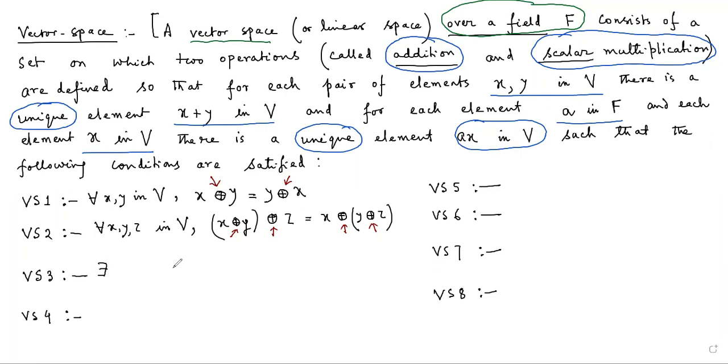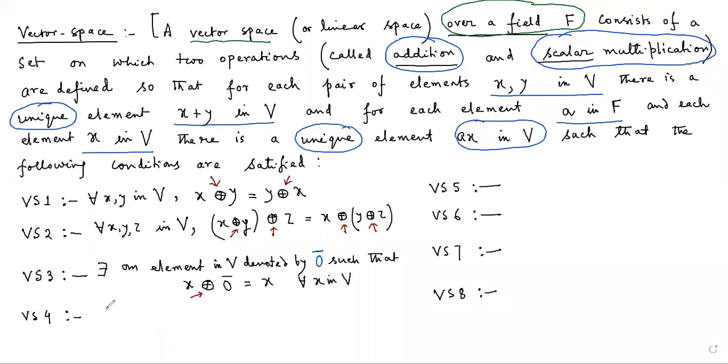There exists an element in V denoted by 0 bar such that x plus 0 bar is equal to x for all x in V. Just look at the notation I am using.